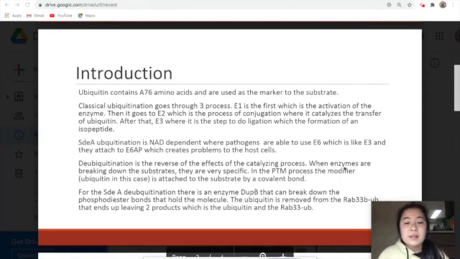Classical ubiquitination, often used by eukaryotic cells, is ATP driven as its energy source. But there's actually another type of ubiquitination that is NAD dependent for its energy source, and we call that NAD-dependent ubiquitination, which is often carried out by pathogens.